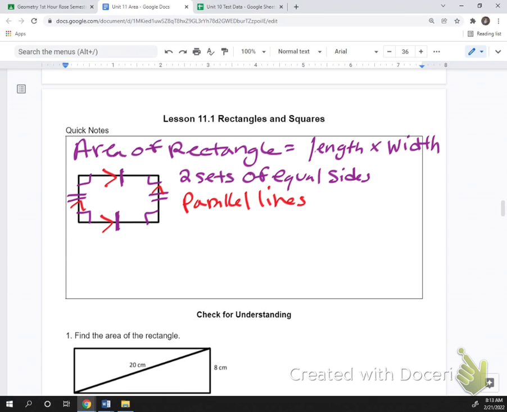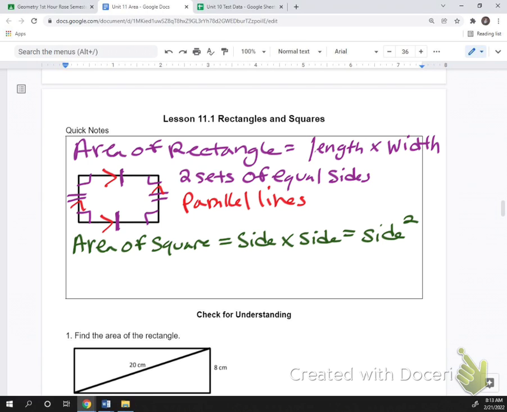How about a square? They're all equal. The area of a square, we end up getting equal sides, so you could just say whatever your side is squared. They are all equal. We've got 90 degrees. We've got parallel lines.